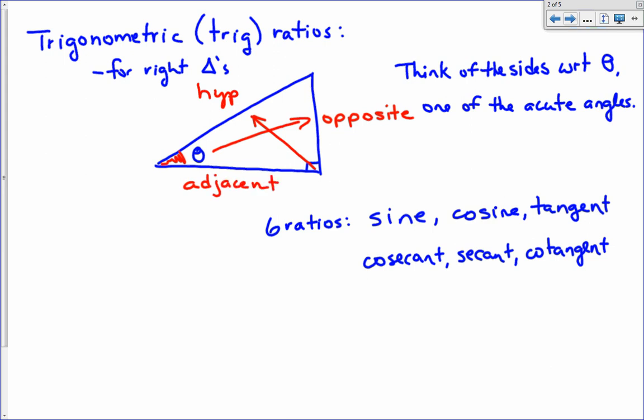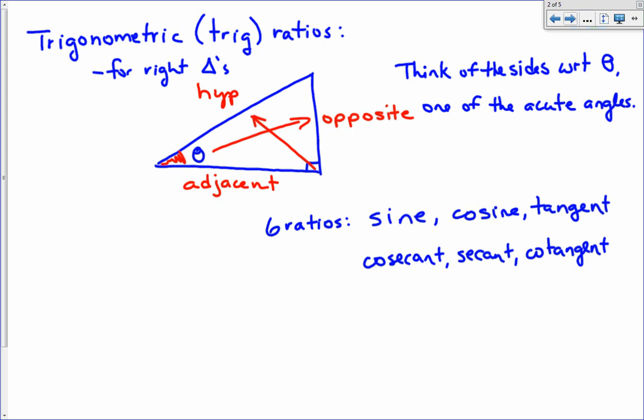If you think of adjacent as meaning next to, it's a side that's next to the reference angle, but it's the one that's not the hypotenuse. So I highly recommend that you label the hypotenuse first, then the opposite, and then the adjacent. We're always thinking of the three sides of the triangle with regard to one of the acute angles.